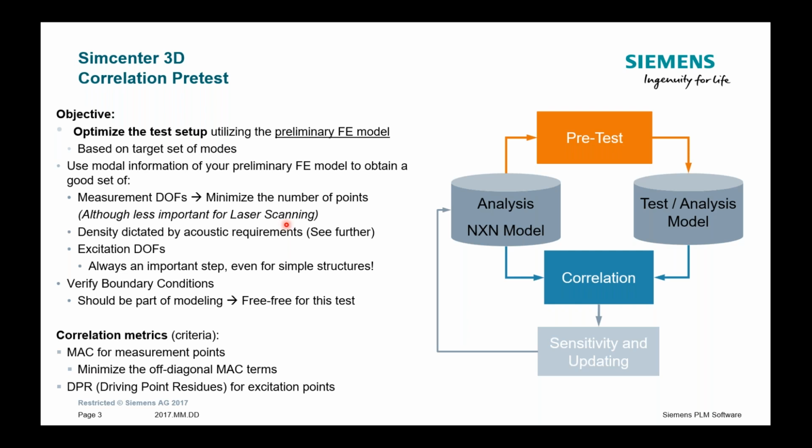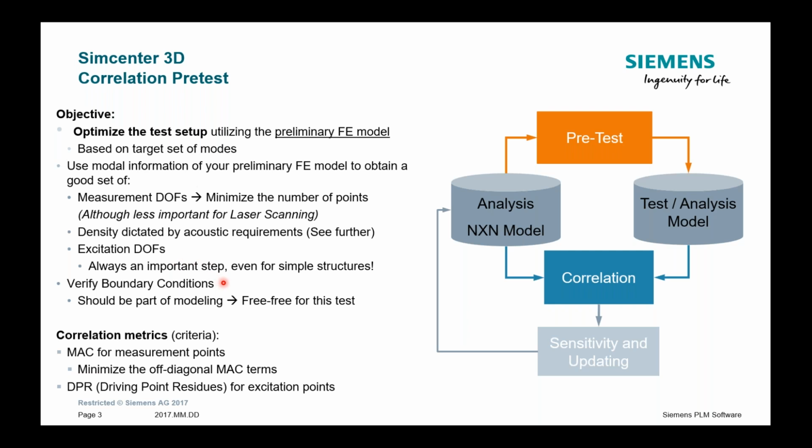And then also we use pre-test analysis in the computer model to find out where we want to excite the structure, and we find the optimal location for excitation. And that's an important step, even for simple structures like the one that we had for this study.